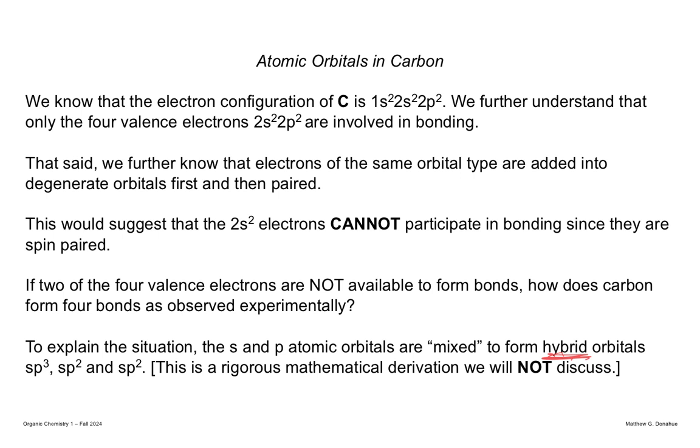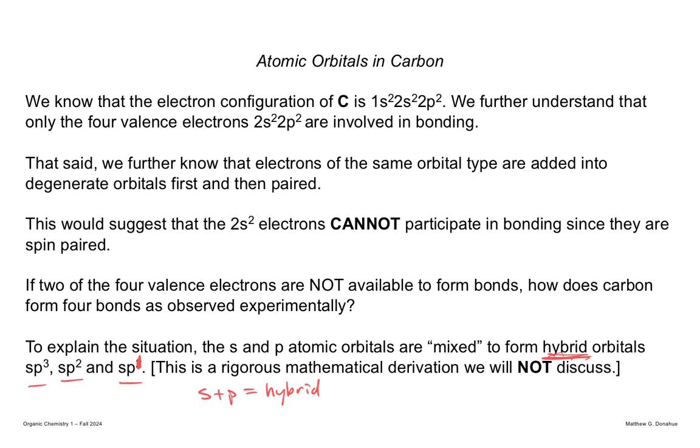So the hybrid orbitals are mixed to form sp3, sp2, and sorry, this should just be sp. So they form 3 different hybrid orbitals: sp3, sp2, and sp.